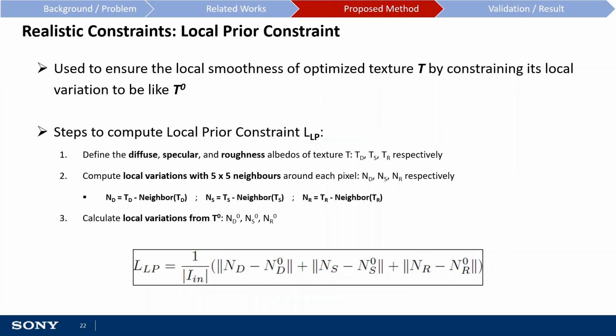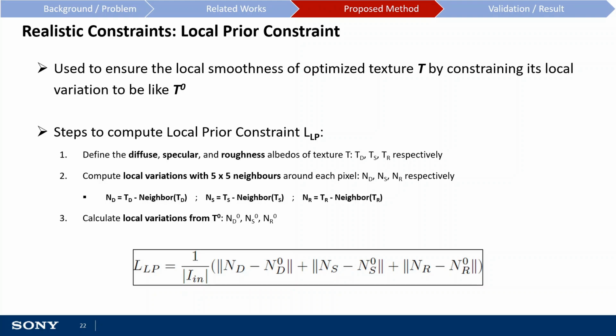The local prior constraint is used to ensure the local smoothness of optimized texture T by constraining its local variation to be similar to T0. Diffuse, specular, and roughness albedos of texture T are then defined as Td, Ts, and Tr.